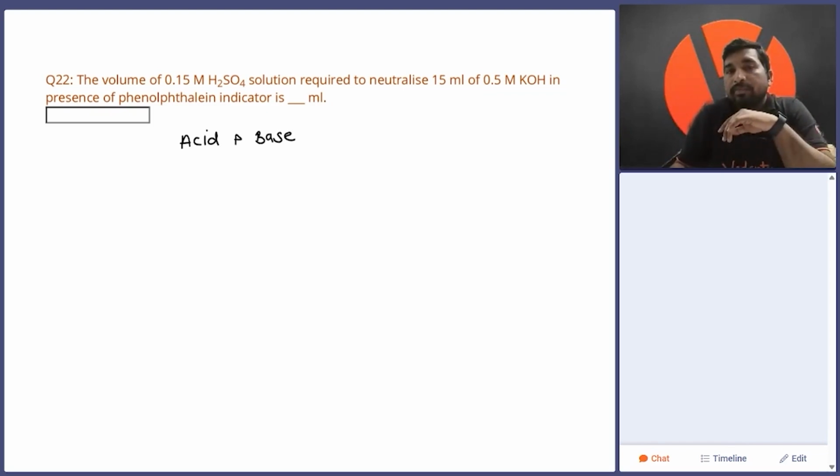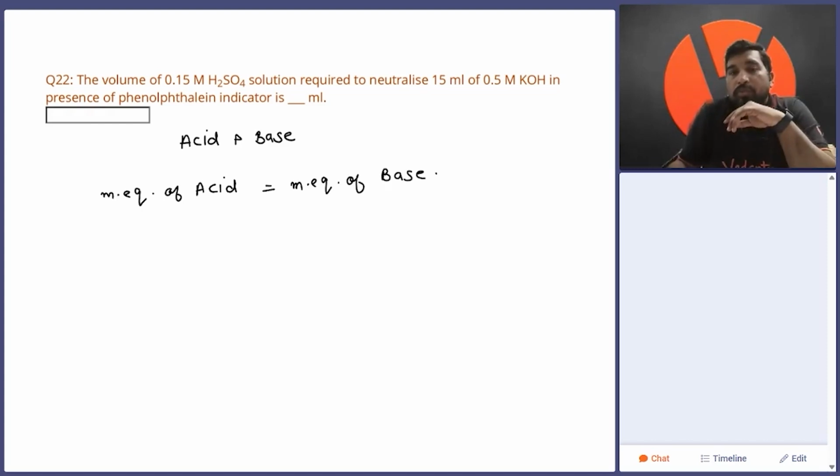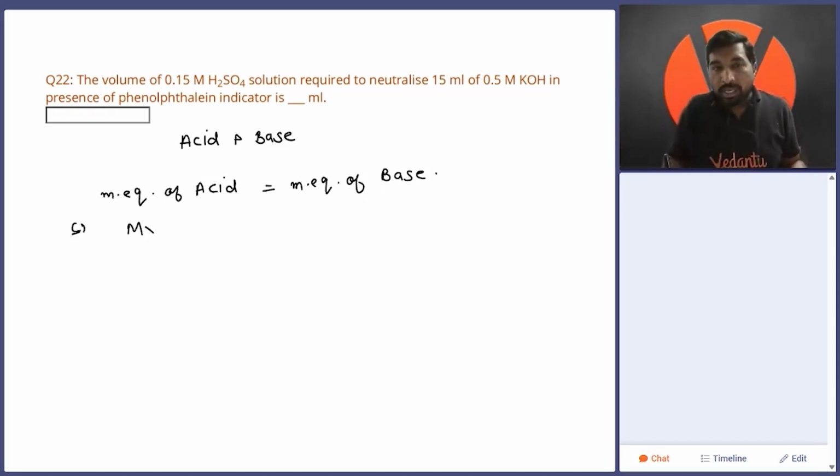So milliequivalent of acid is equal to milliequivalent of base. Milliequivalent is normality into volume in ml. So we can write this as molarity into n factor into volume in ml, which is also equal to molarity into n factor into volume in ml.